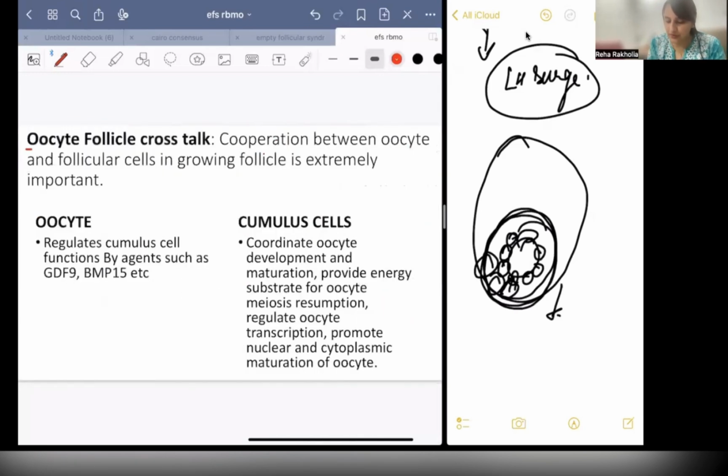Then oocyte follicular crosstalk. There should be cooperation between the oocyte and follicular cells in the growing follicle.